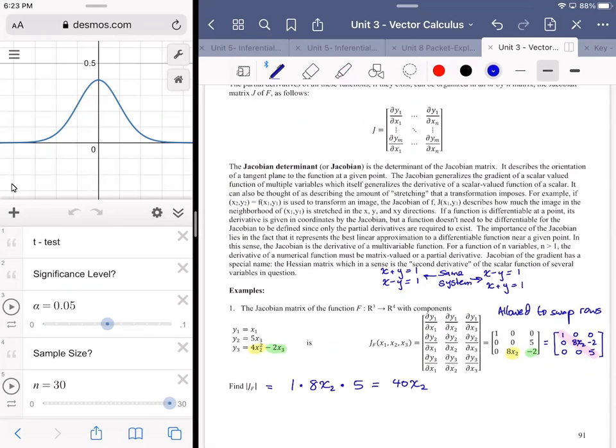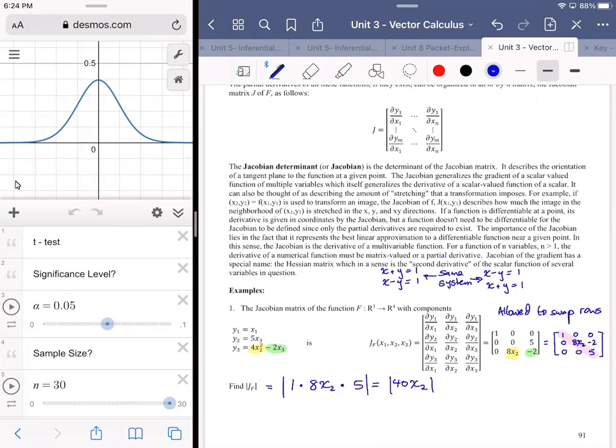Now, the Jacobian, or any kind of determinant in the context of area, is always going to be an absolute value. Whether you keep it in mind that this is an absolute value, or you put absolute value brackets around it, either way is fine, as long as you remember you're only looking for positive numbers here.